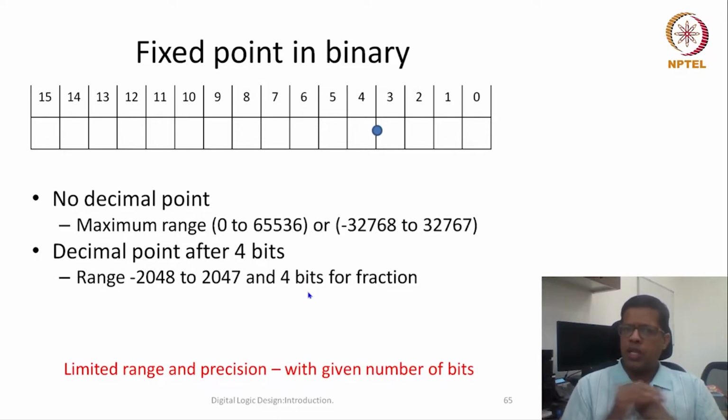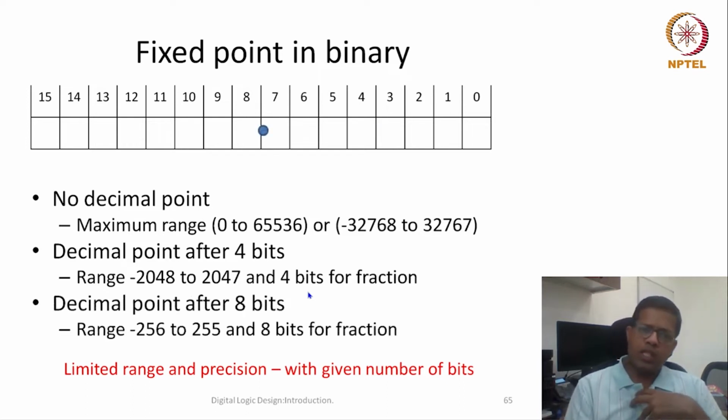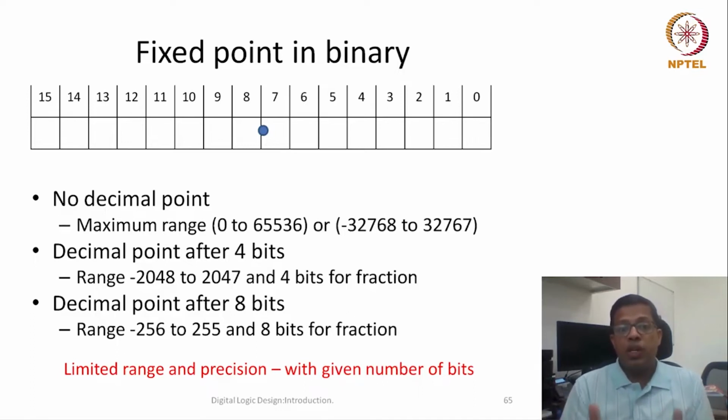So if I want to increase the precision, I have to move this decimal point to some other place, let's say after 8 bits. If I put the decimal point after these 8 bits, the range of numbers is further squeezed. I can only represent from minus 256 to 255, which is very little, and the fraction is also 8 bits, which is also less.